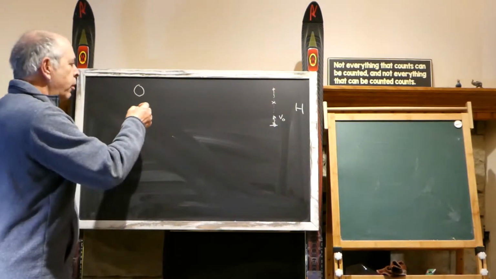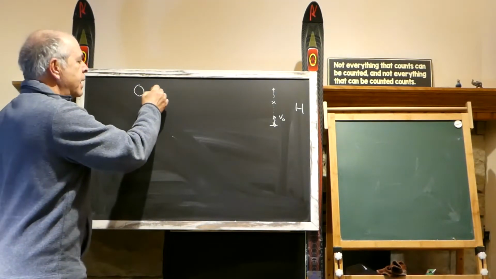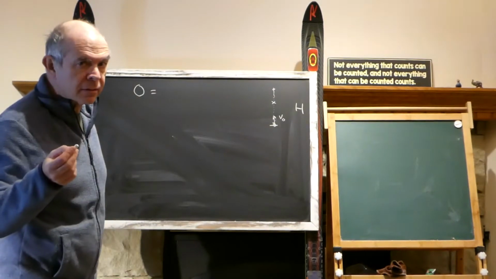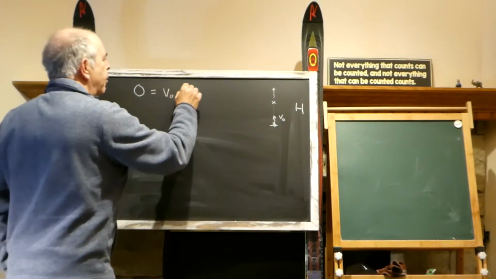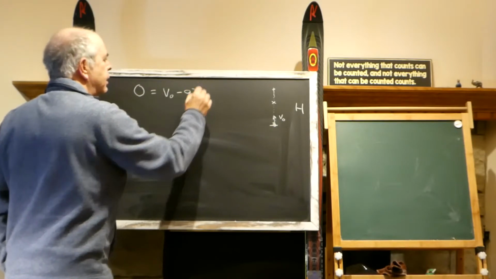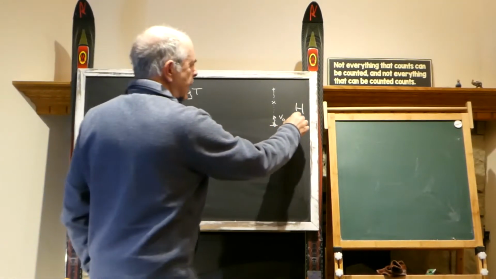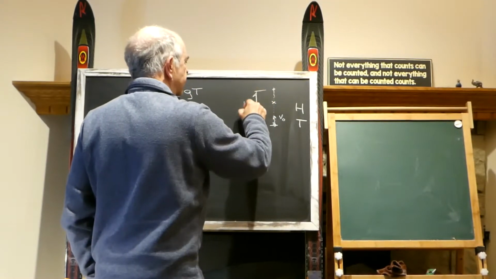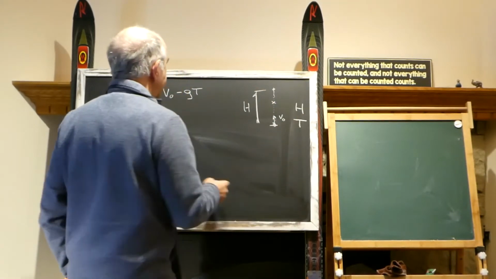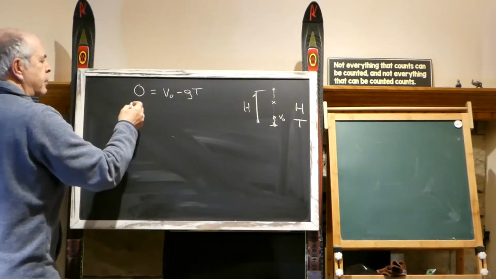But according to the formula for acceleration, it equals initial speed minus gt. So it goes up, h is the height, and t is the time. So this is the first formula that we know.